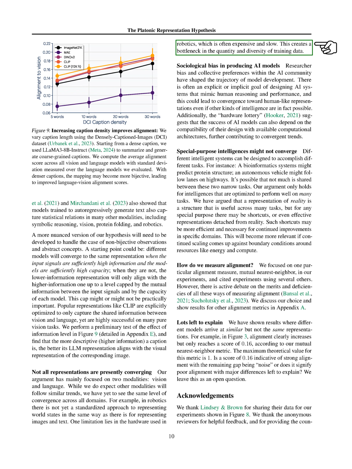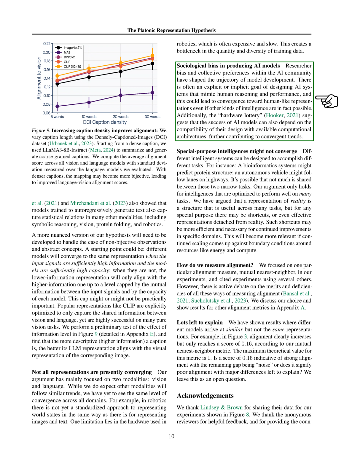Furthermore, sociological biases play a role in shaping AI model development. Researcher biases and community preferences tend to steer the direction of model design towards mimicking human reasoning, potentially limiting the exploration of other forms of intelligence. The success of AI models can also be influenced by the compatibility of their design with available computational resources, contributing to convergent trends.